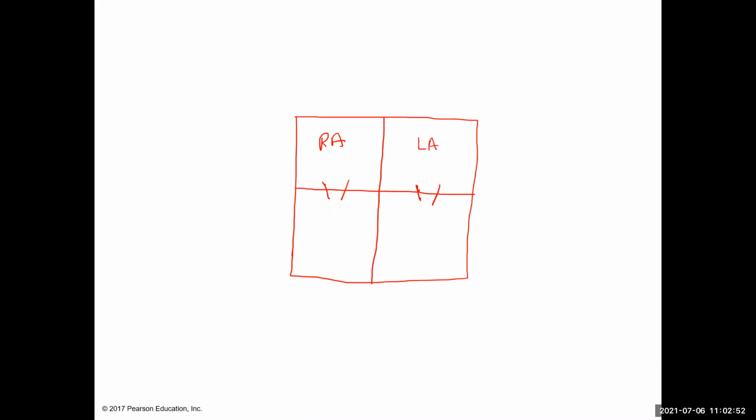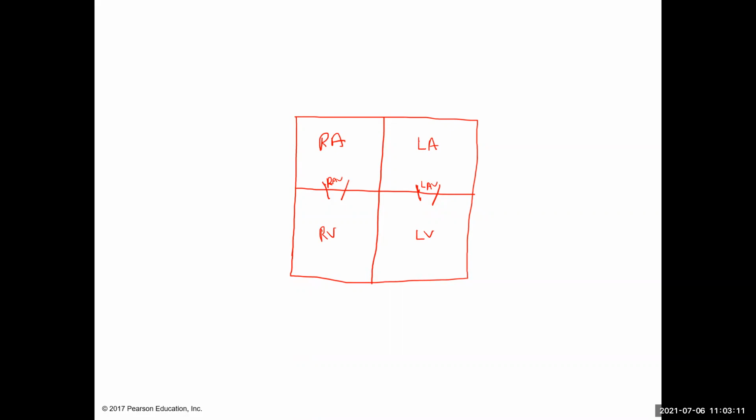The bottom chambers are the right ventricle and the left ventricle. So that means this valve is the right AV valve. This is the left AV valve.